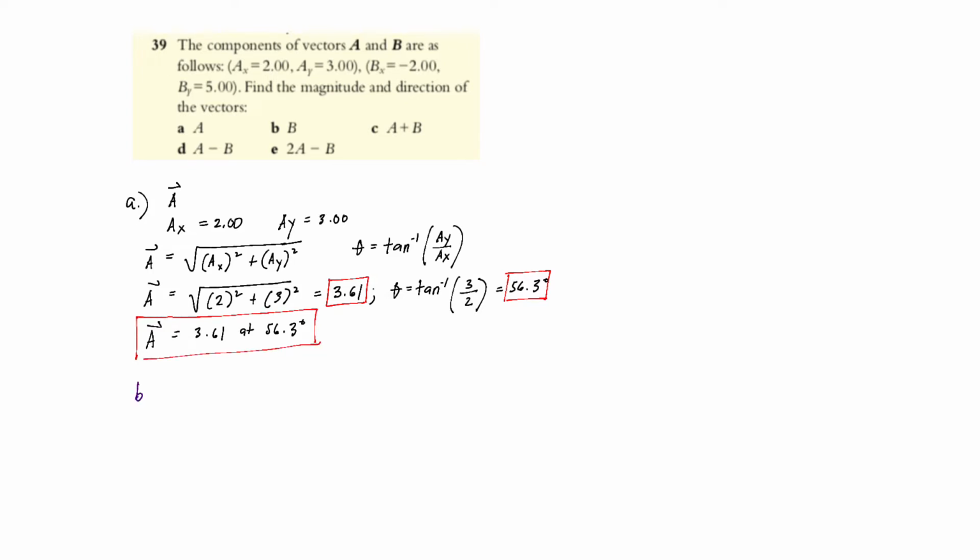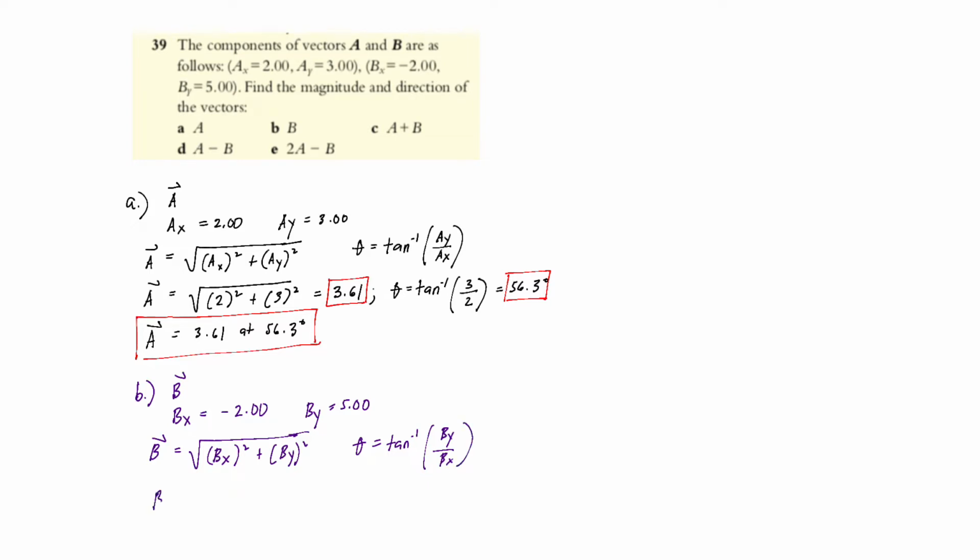Now how about letter B? For the vector b, bx would be negative 2 and by would be 5.00. We're gonna apply the same formula: the magnitude of b is the square root of bx square plus by square, and the angle is the arctan of by over bx.